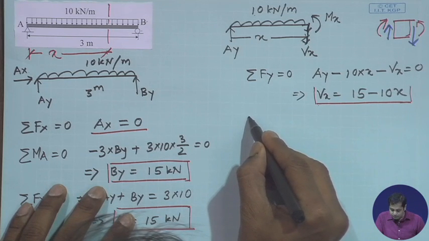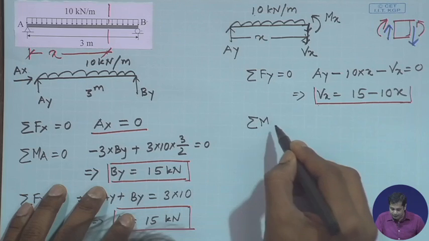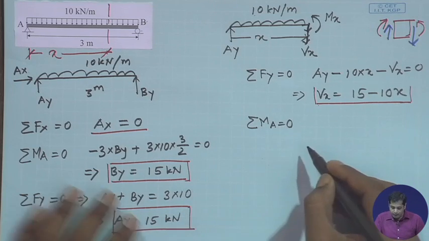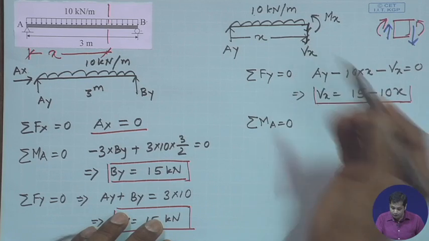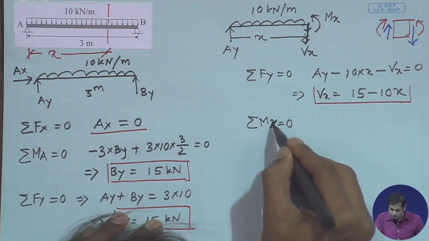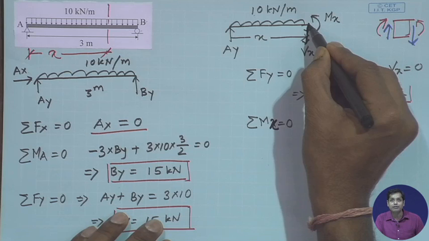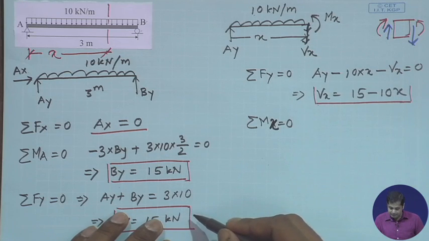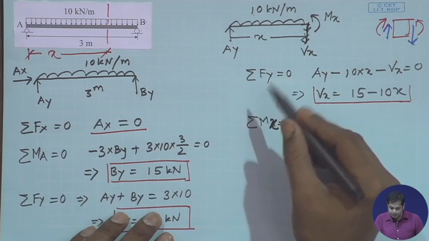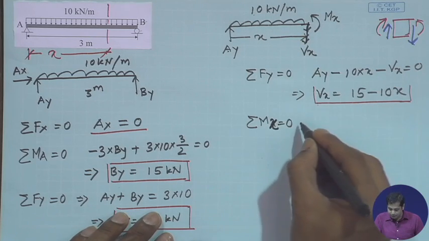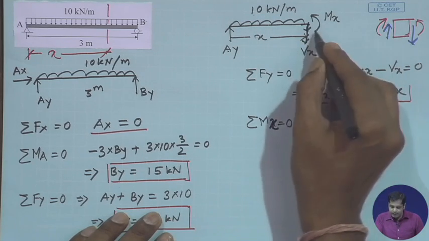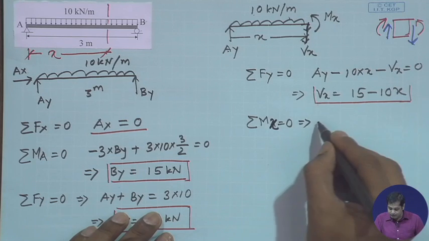Now, summation of moments about A is equal to 0. Or you can take summation of Mx is equal to 0, moment about this point. Vx will not contribute, Ay will contribute, the external load will contribute, and the Mx itself. Mx is in the anti-clockwise direction, so this is negative.